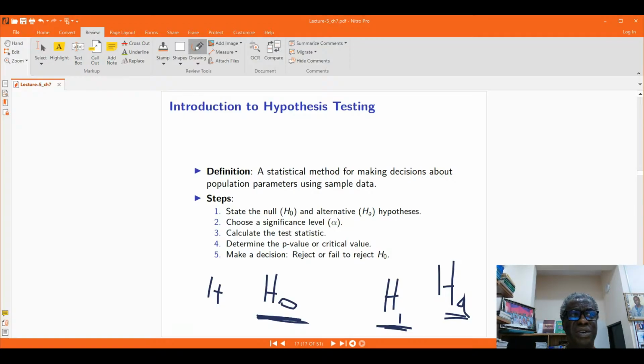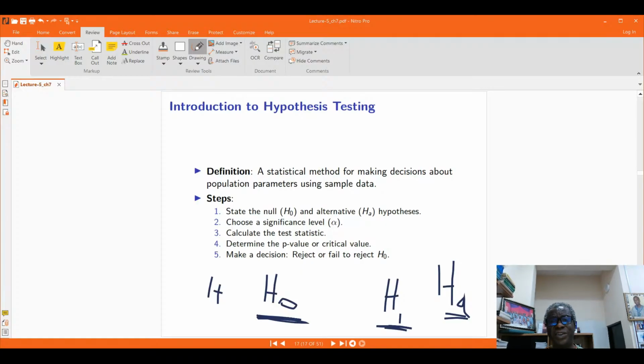So from your confidence level, you can obtain your significance level. You have to choose which level you want: 90, 95, 99.